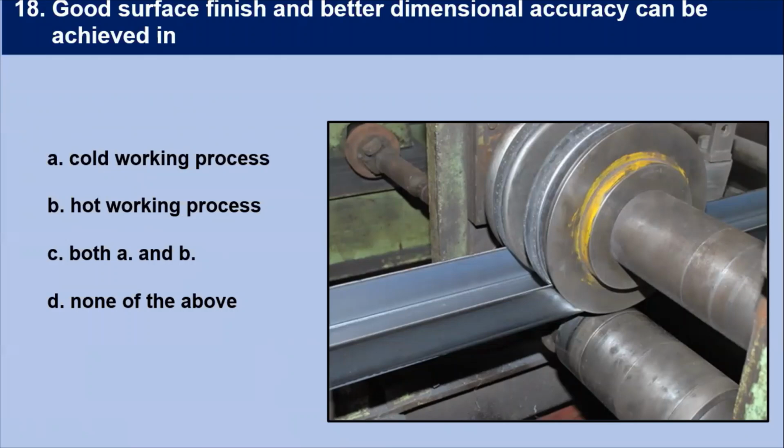But the cold working process is carried out below the recrystallization temperature, at room temperature, which increases the strength, improves the surface finish and holds tighter tolerances. That's why our answer is that good surface finish and dimensional accuracy can be achieved in the cold working process.